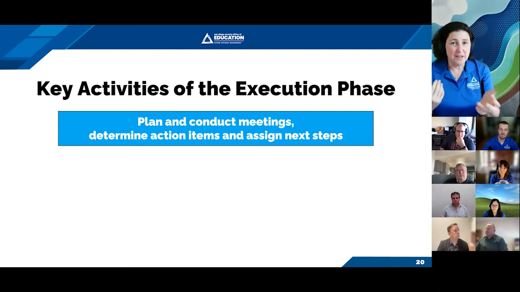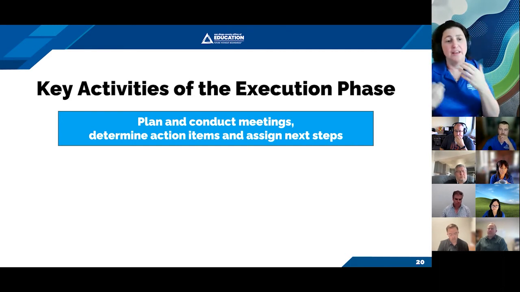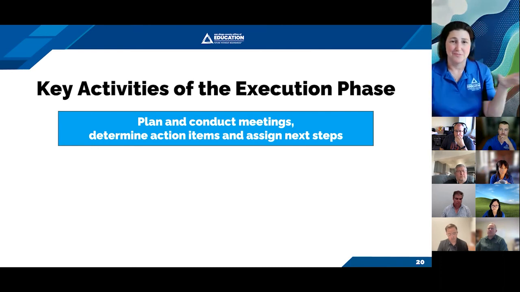So how often you meet and how long you meet is really up to you. It's going to vary by project. As a simple example, you might have a standing weekly status meeting just to bring team members together and check in. So again, just depends on how big your project is, how long your project is, and how distributed your team members might be.